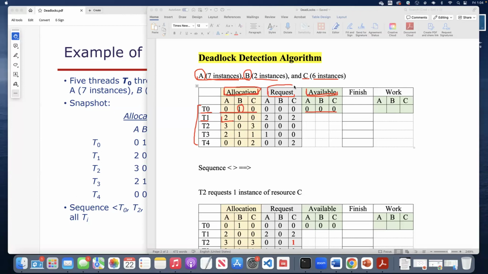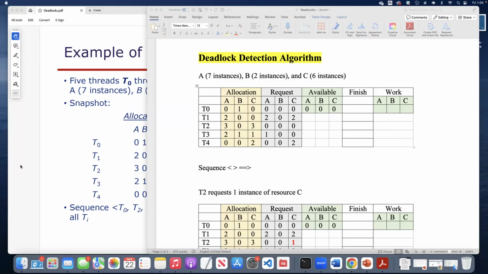The request matrix. And for T1, the request is 2 and 2 for A and C. This means that the T1 thread requests 2 instances of A and 2 instances of C. Now from this matrix, we can see T0 doesn't request any resource instances, and T2 doesn't request any resource instances.